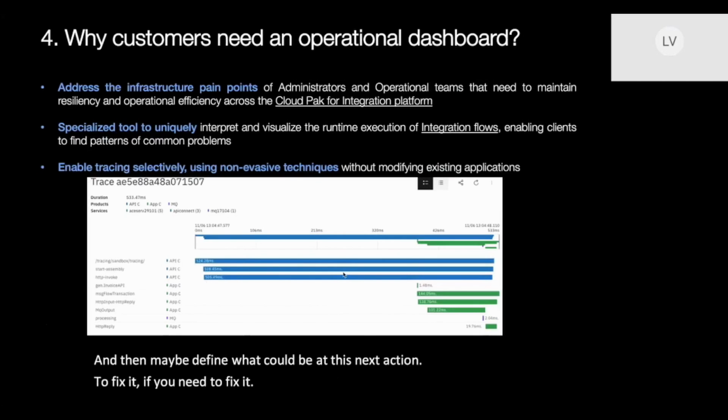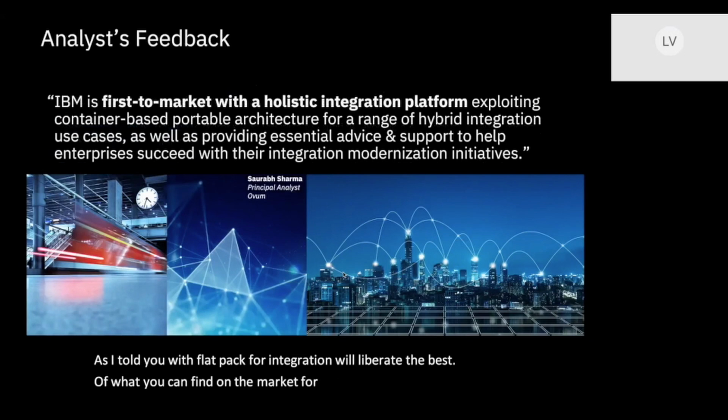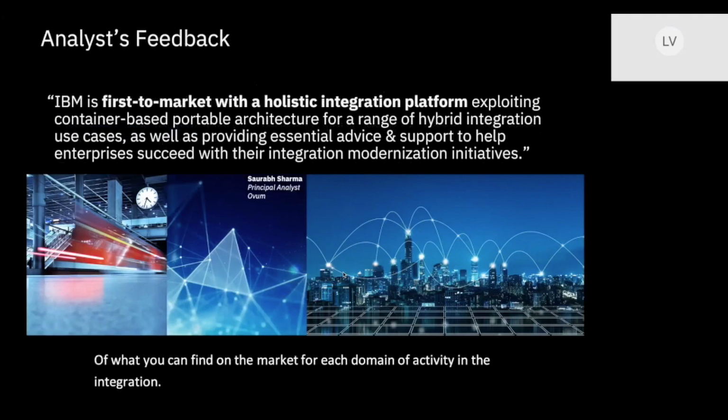As I told you, with Cloud Pak for Integration, we leverage the best of what you can find on the market for each domain of activity in the integration. That's just to fix the idea about this.